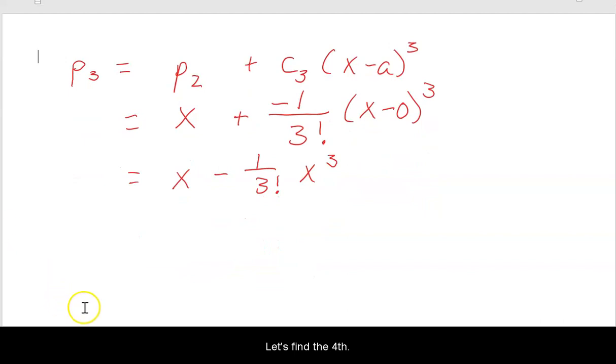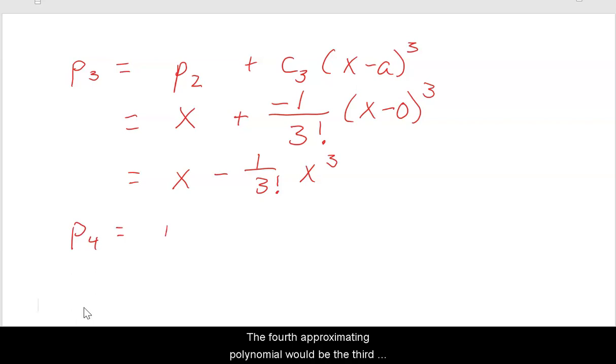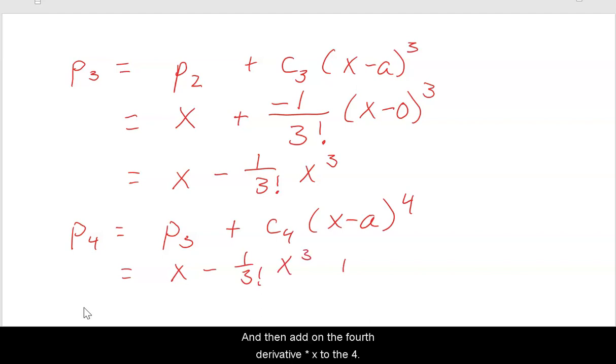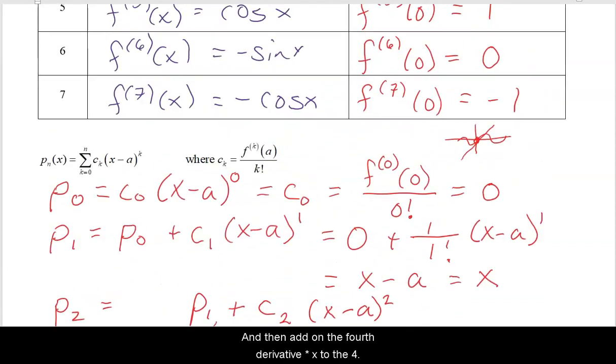Let's find the fourth. The fourth approximating polynomial would be the third approximating polynomial plus the next term, C4 times x minus the center to the fourth. In our case, the center is 0, and we can write down what the third approximating polynomial was, and then add on the fourth derivative times x to the fourth.